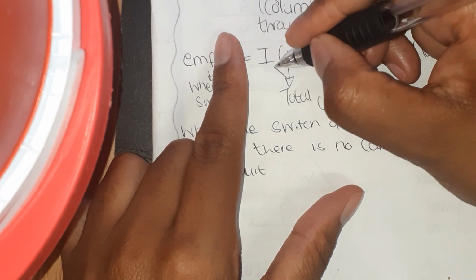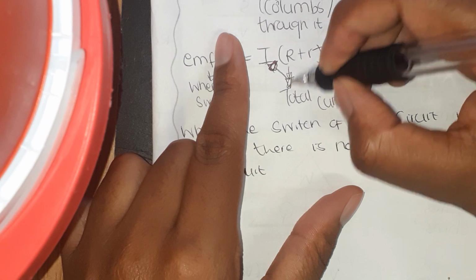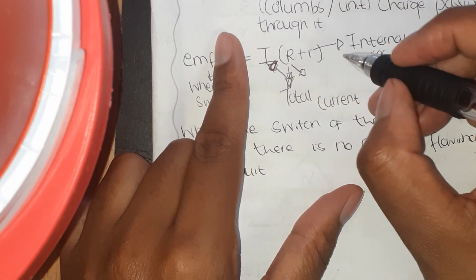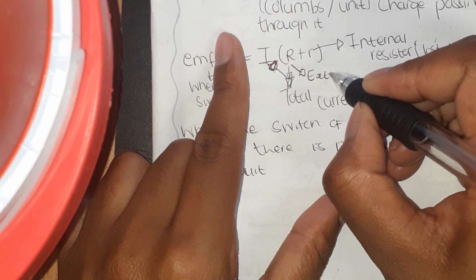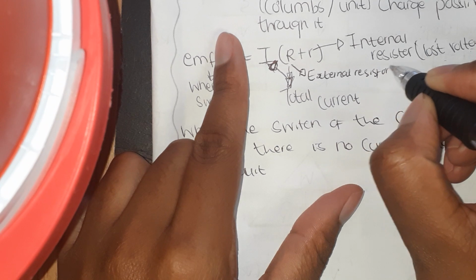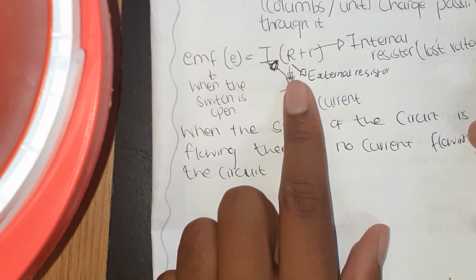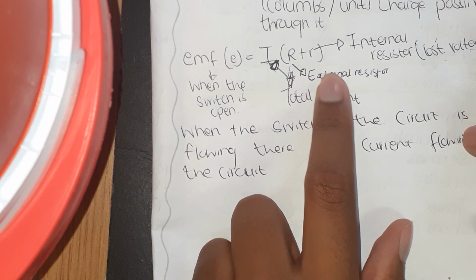This arrow was supposed to be here on this I. This is the total current. Then this one is the external resistor when the switch is closed and the current is flowing.